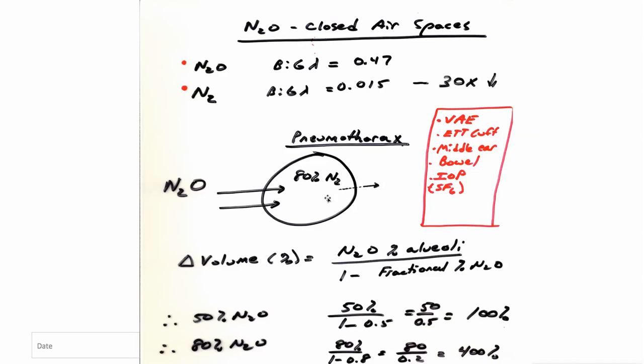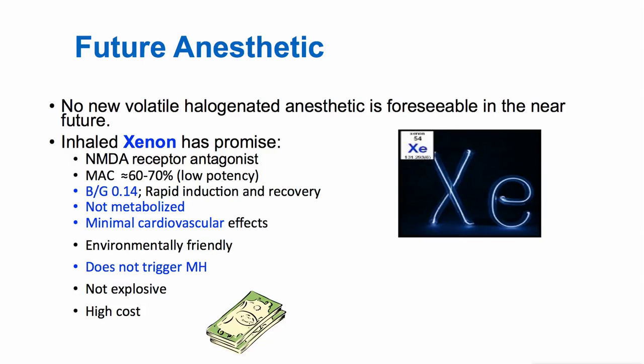So nitrous will go into a nitrogen-containing space, such as a pneumothorax, venous air embolism, endotracheal tube cuff, middle ear that's blocked, a bowel, sulfur hexafluoride bubble in the eye, and the volume will go up dramatically. 50% nitrous oxide, you can see, can increase the volume of a space quite a lot, and higher concentrations will increase it even more.